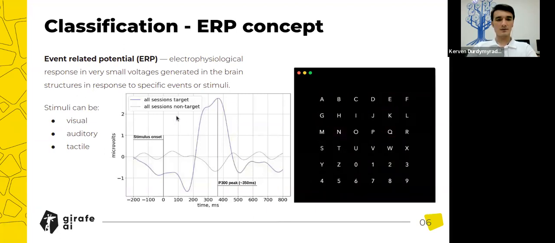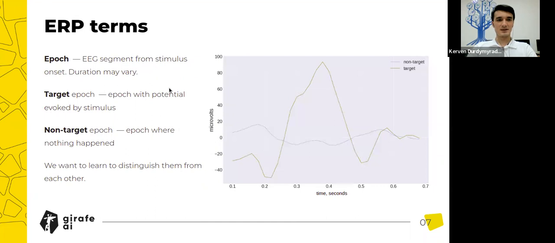Okay. First of all, by the way, let me introduce these terms. For example, we have EEG signals, and the first term is epoch. An epoch is a time slot which is taken. For example, in that case, we have 0.7 seconds, and the target is, do we have a response? For example, this signal, the green one.